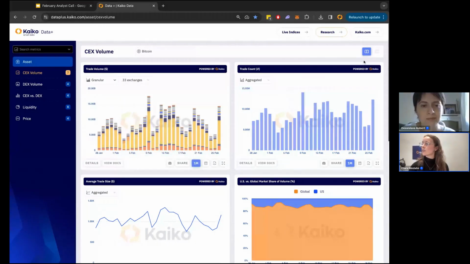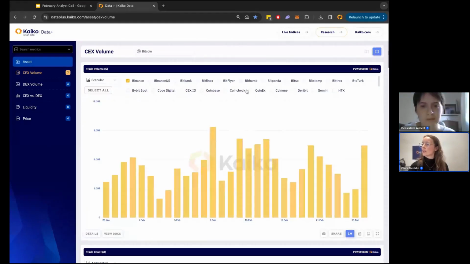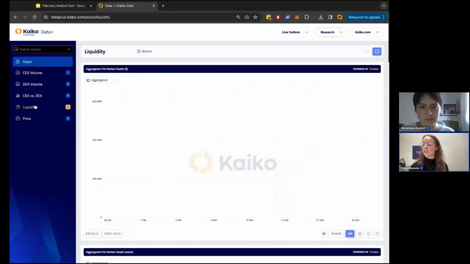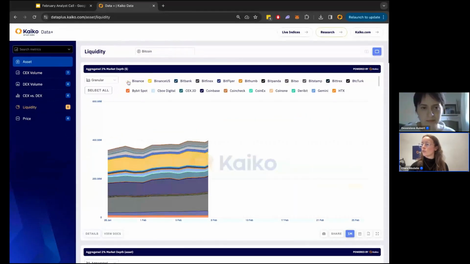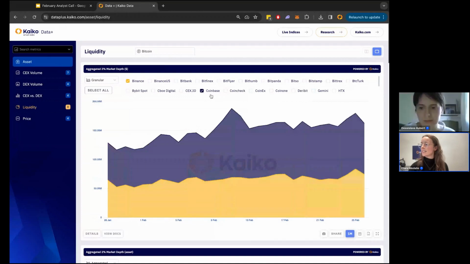I'm just going to expand this really quickly. And you can see Binance versus Coinbase. Yeah, Binance has way higher volumes than Coinbase. But if we go to liquidity, and then we go to Binance versus Coinbase, we can see that Coinbase has deeper order books than Binance.